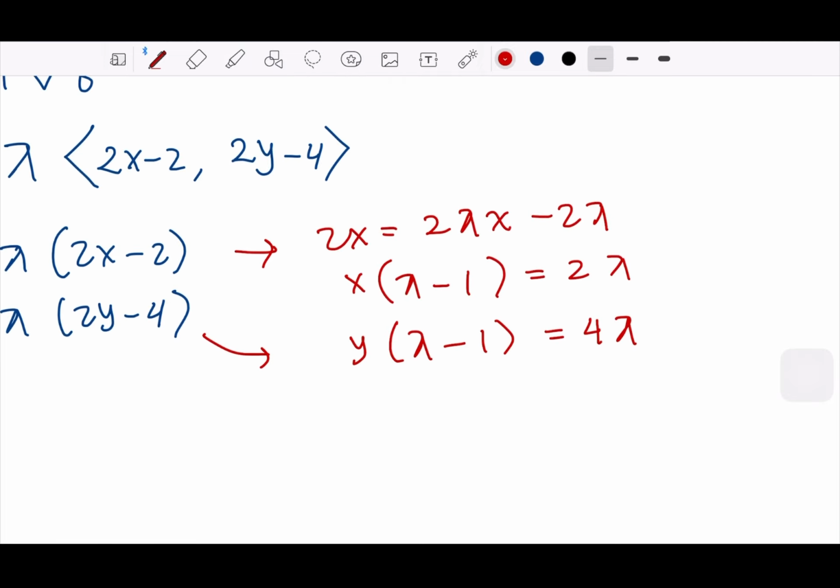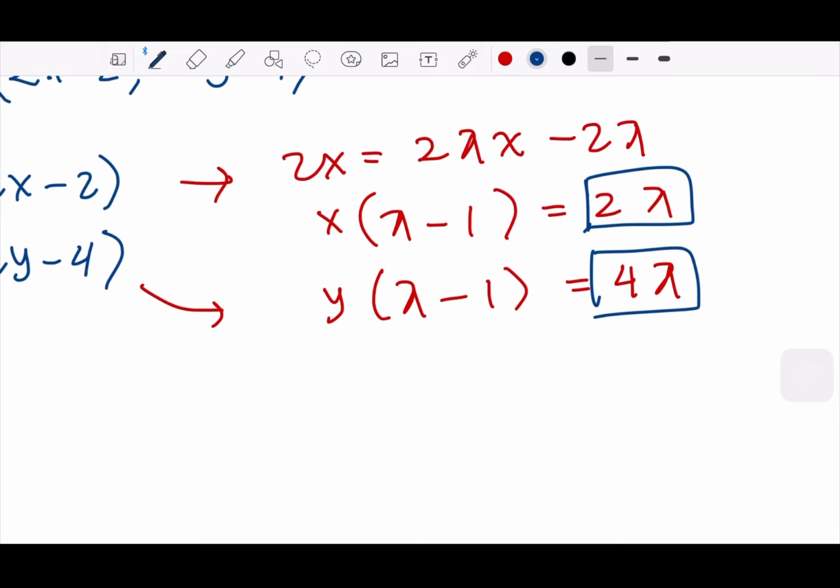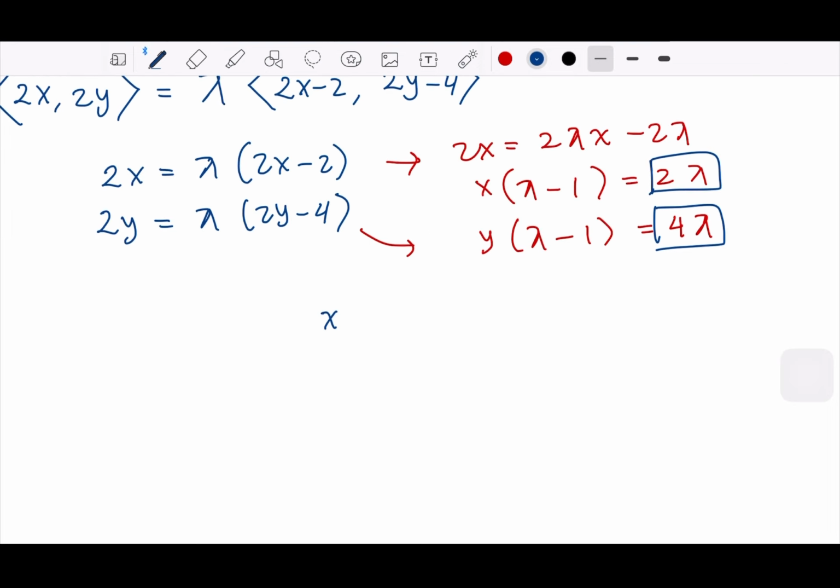So if you look here, we can see that it is a multiplication of twice the lambda, right? So we can write that the x, since it's 2 lambda, so the 4 lambda is twice of the x, okay?